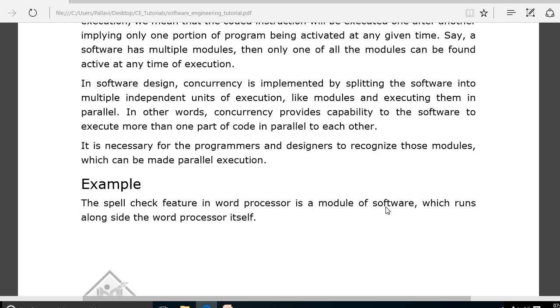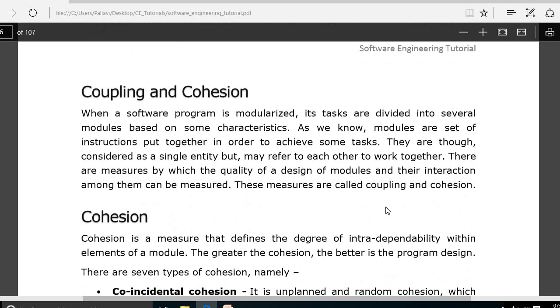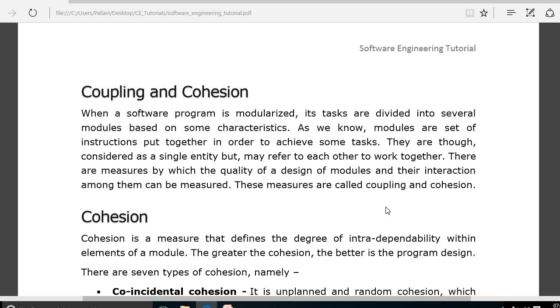Next, we see the terms coupling and cohesion, which are important in software design concepts.